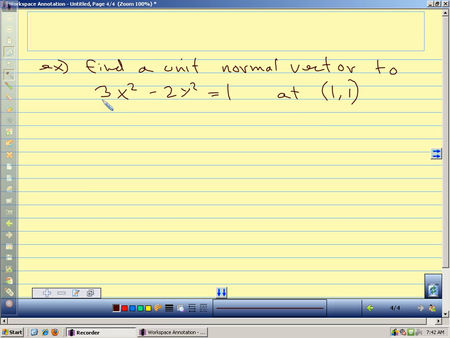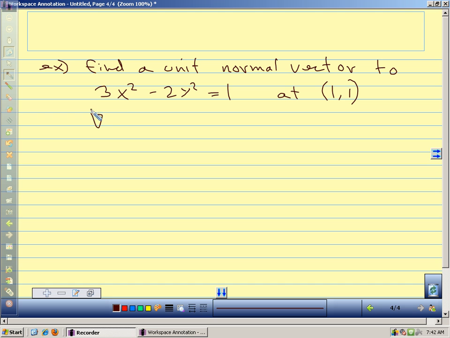This is the level curve of f of x, y equals 3x squared minus 2y squared when our constant equals 1. The level curve of our surface is hyperbolas.